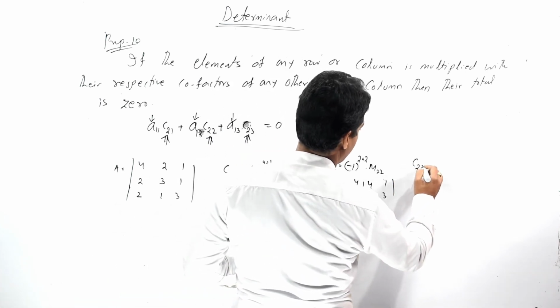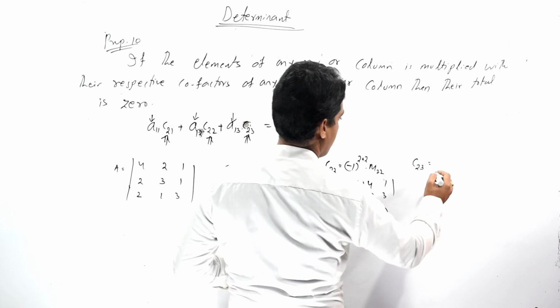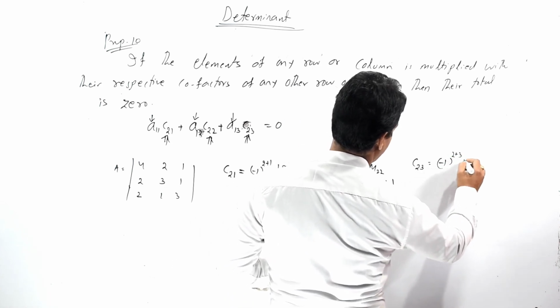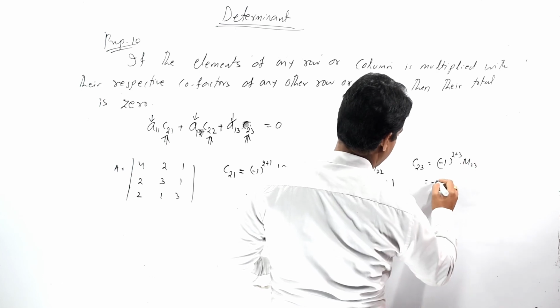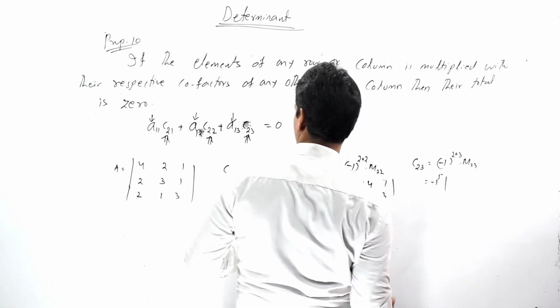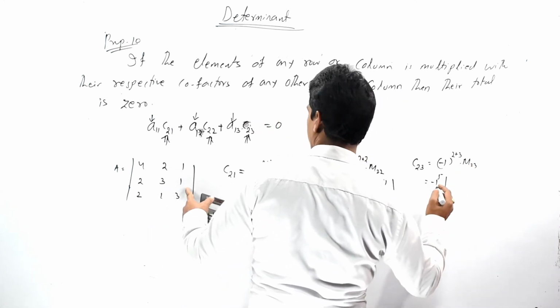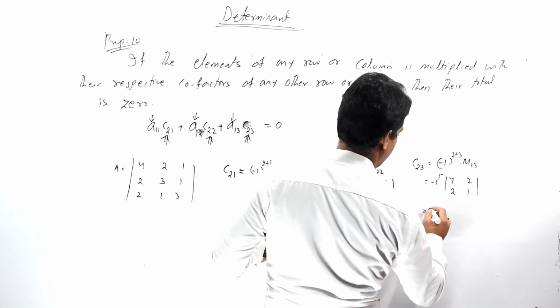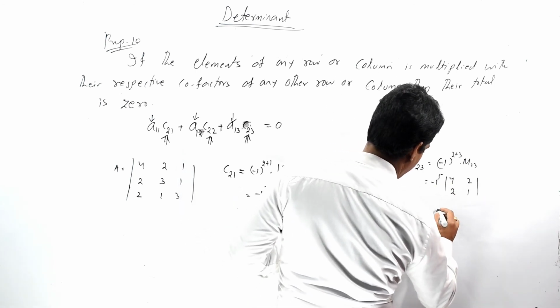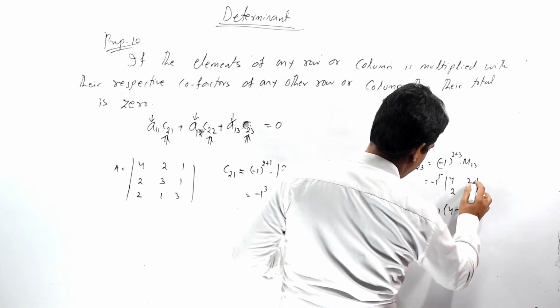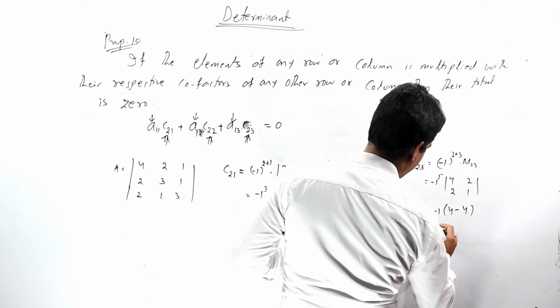Similarly C23 equals minus 1 to the power 2 plus 3 into M23, that is minus 1 to the power 5 into M23, that is 4 2 2 1, so minus 1 into 4 into 1 is 4 minus 2 into 2 is 4, that is minus 1 into 0, 0.